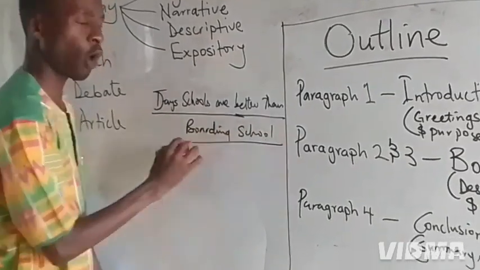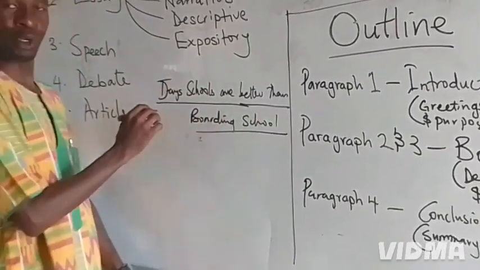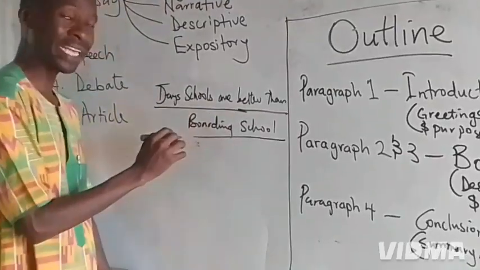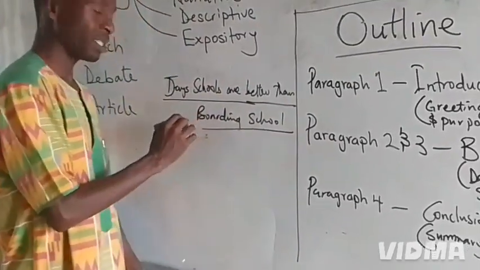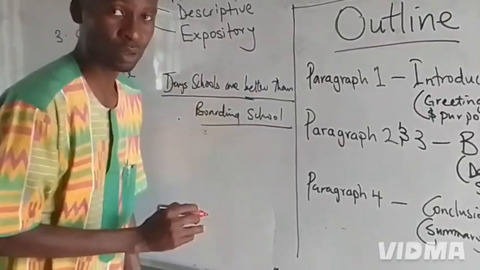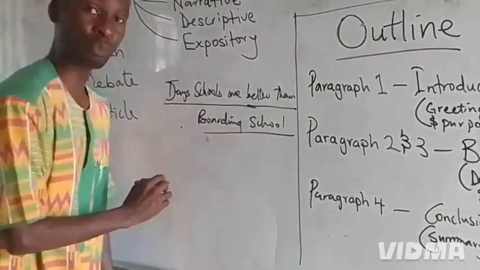Either you are for or you are against, it must have a title. If you are against, that means boarding school is better than day school. Then it must have a title. And then you're going to start a paragraph.